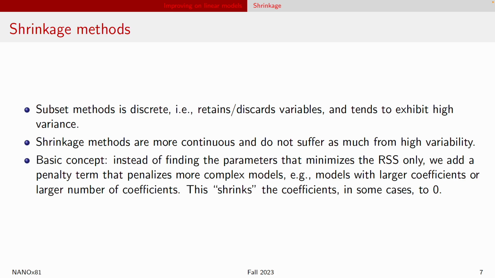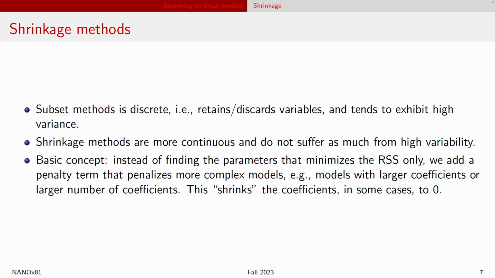So you either choose to retain or throw away a feature, while in shrinkage methods you are essentially applying a penalty term to penalize overly complex models, and shrinkage methods are therefore continuous, right?